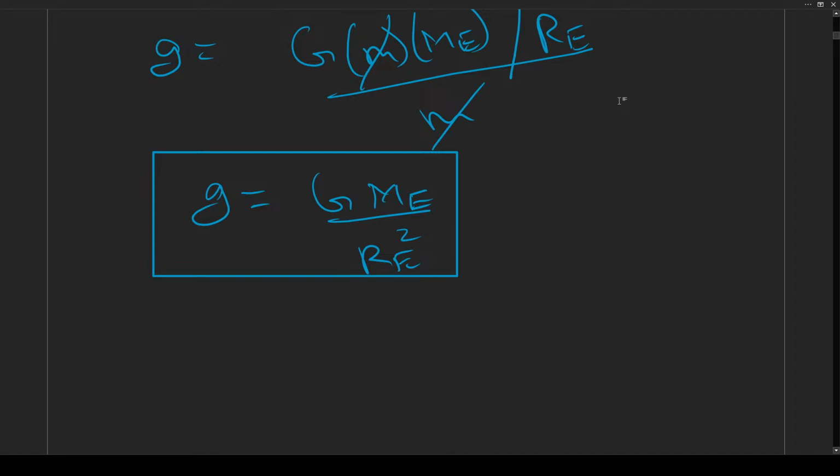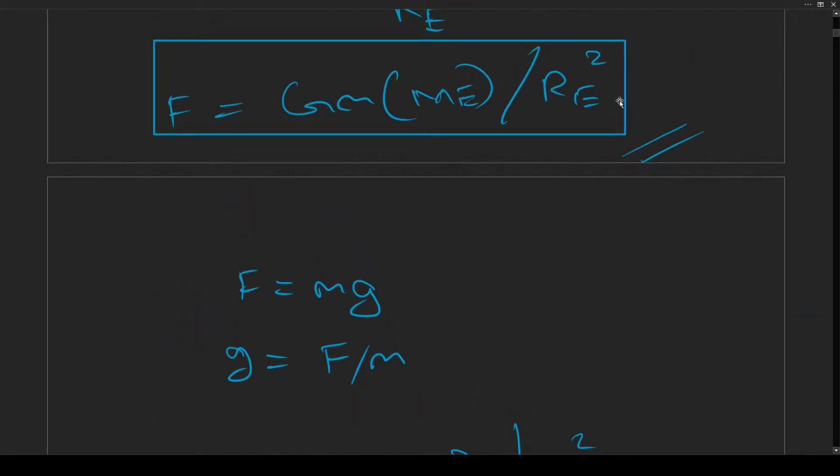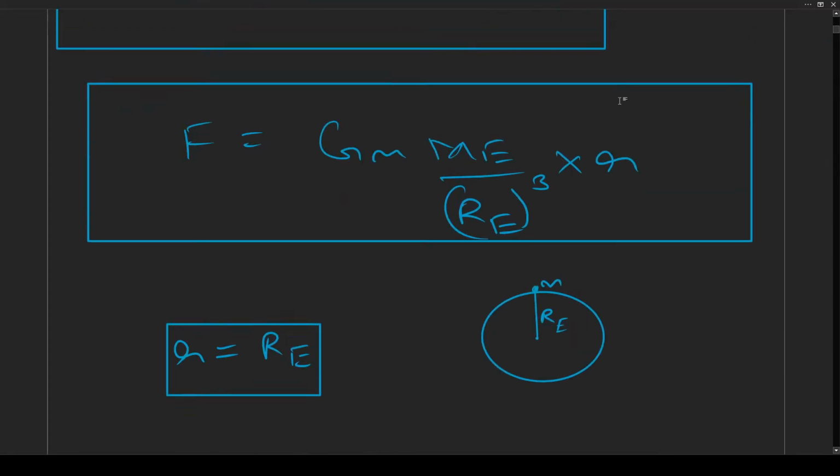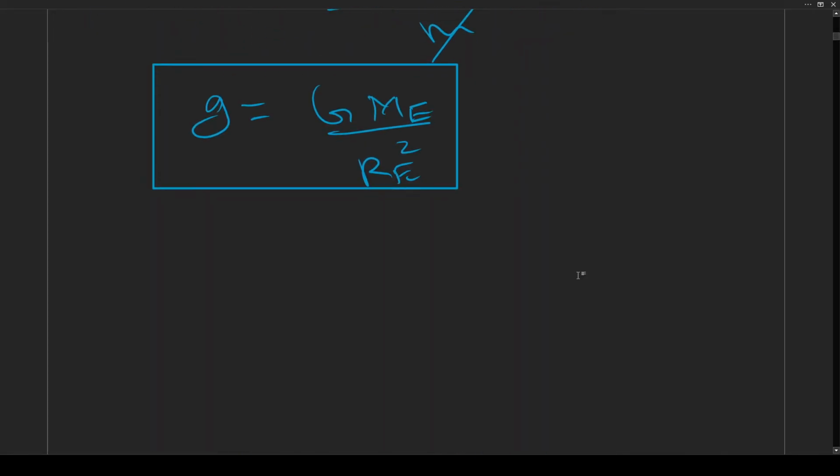Now let's go to below and above the surface of Earth, like in the sky and beneath the ground. We saw the force experienced below the ground. Now let's see acceleration due to gravity.